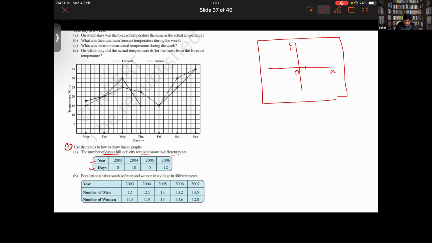So let's plot it. 2003, 2004, then 2005, and then 2006. So on the x-axis, you have plotted years. And on the y-axis, you will be plotting the number of days.